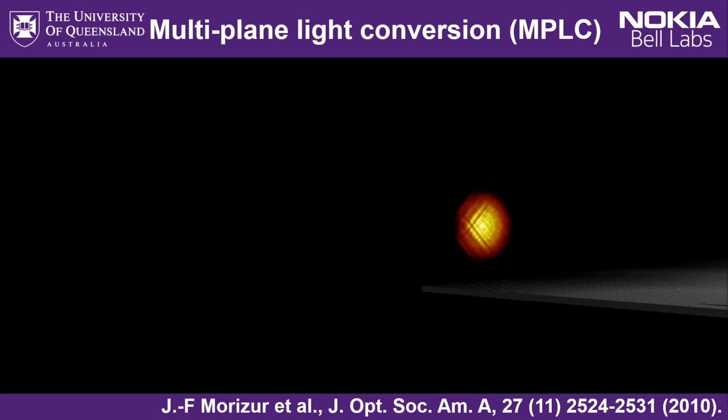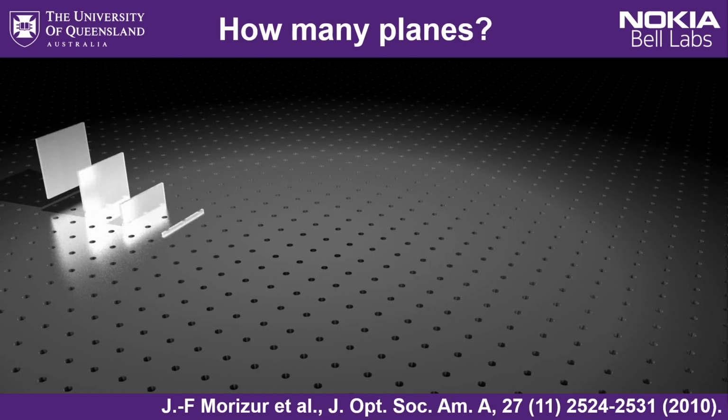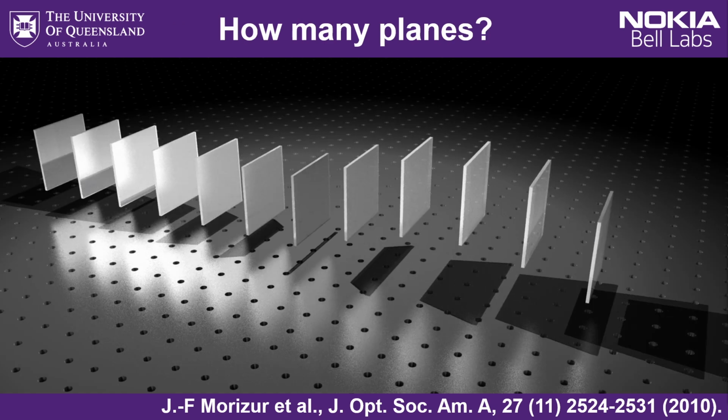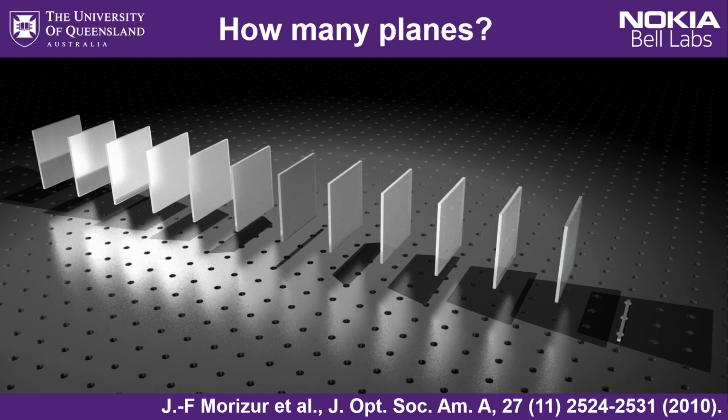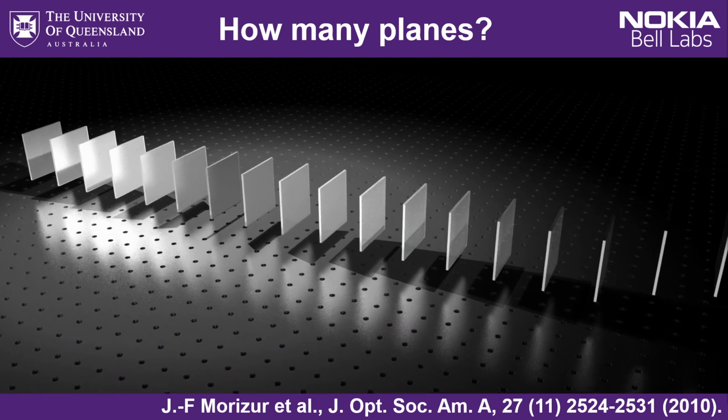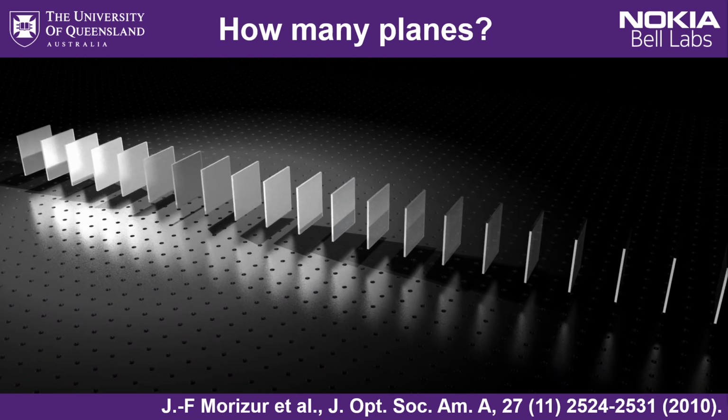And similar to a multi-port interferometer approach, if you want to implement a transformation between a set of n modes on one side and n modes on the other, in general, you'll need of order n planes of phase manipulation. And then, if you want to make the transformation more broadband, make it work over a wider operational bandwidth, then you'll have to add yet more phase masks.